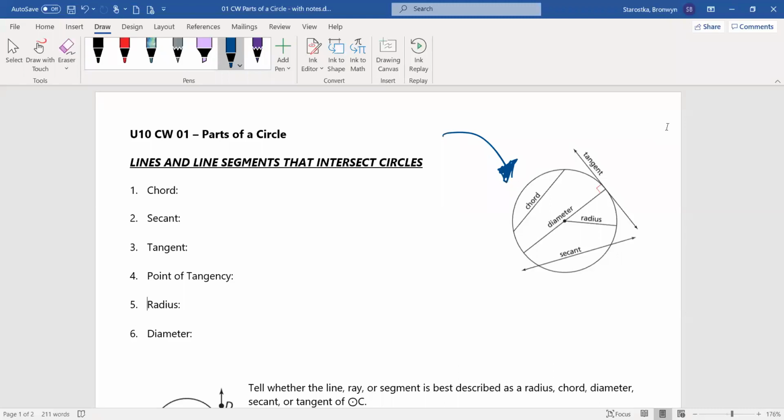And a chord is a segment with endpoints on the circle.